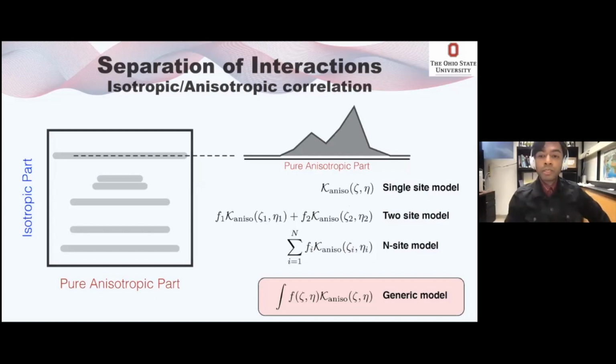But when it comes to generalizing this whole equation, we can treat it as an integral of the probability distribution with respect to zeta and eta times the line shapes that you acquire for those parameters.